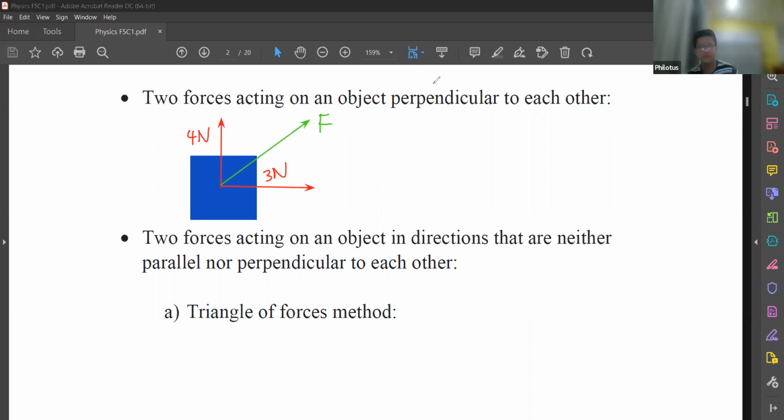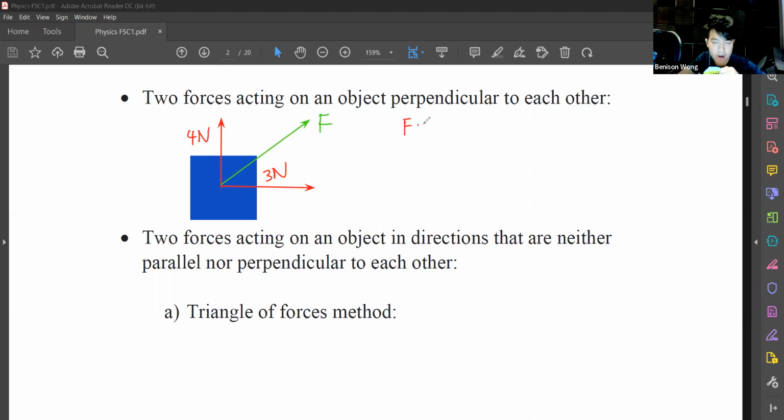What's the actual value of the resultant force? So now let's apply logic. We put them into a triangle like this, because as you can see, it's clearly a triangle over here.